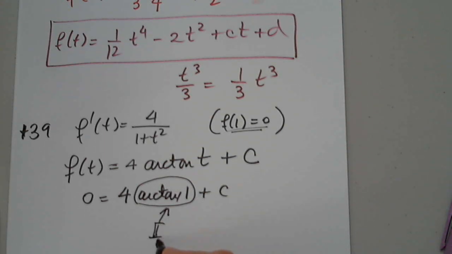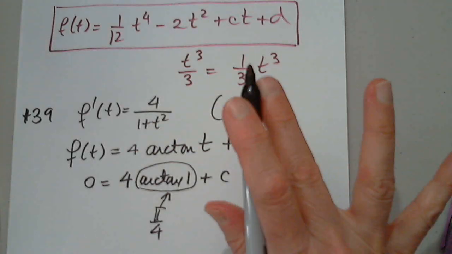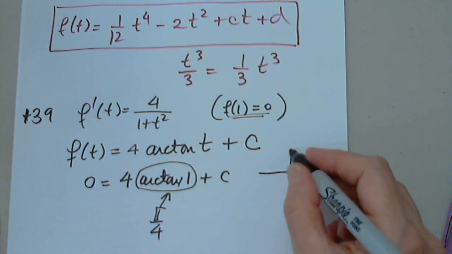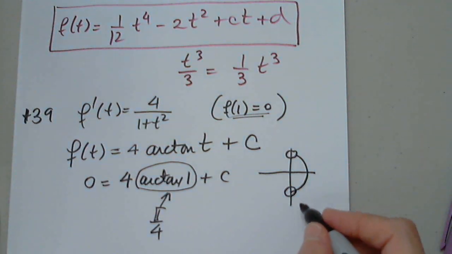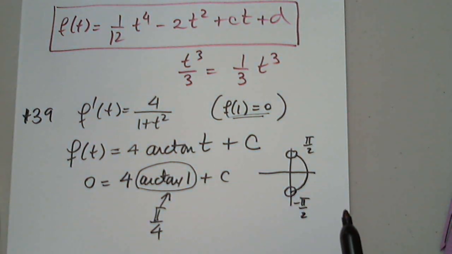Very good point you're raising. So for arctangent, the range is between negative pi over 2 and pi over 2.